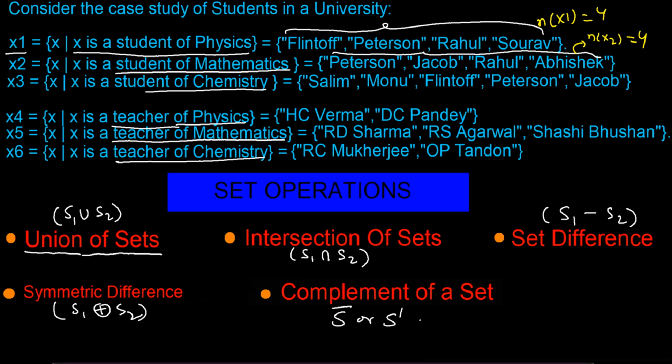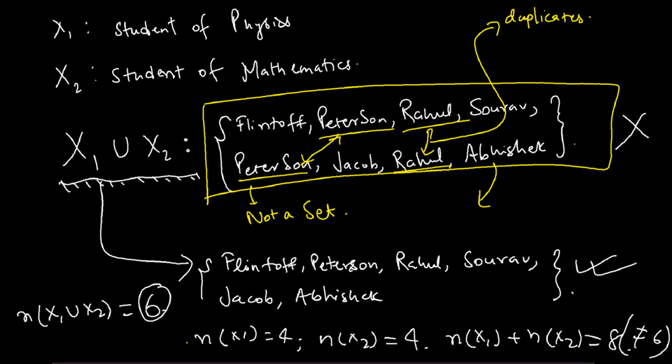So all the elements of S1, which is testers, have to be added, and all the elements of developers have to be added, and by adding the elements of two sets, you are not counting any element twice because there is nothing common. In this case, you cannot directly add all the elements, because then you will be counting some elements twice, those elements that are present in both the sets. So you have to take care of that. While taking care of that, you get the number of elements to be 6.